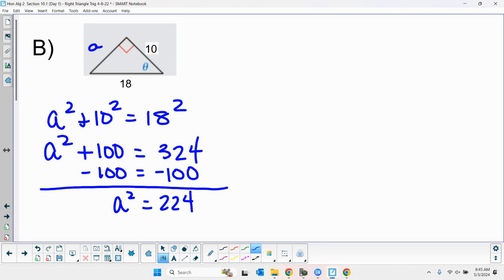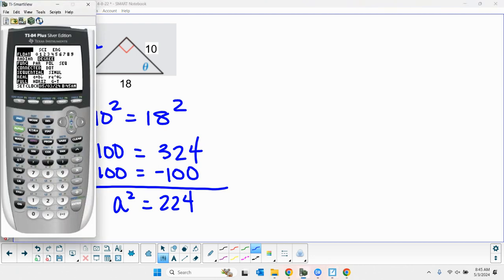Somebody said yes. Who is that? Lucas? Cohen, thanks for checking. Okay. Now, that's not a perfect square. All right. Square root of 224 is a decimal.